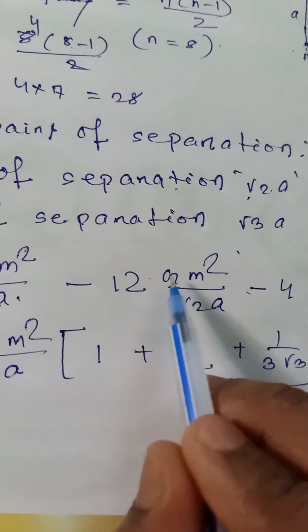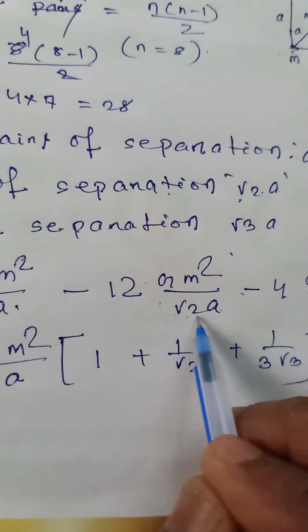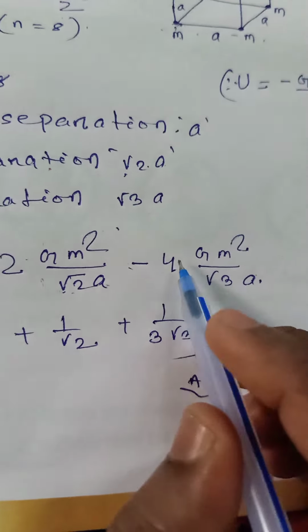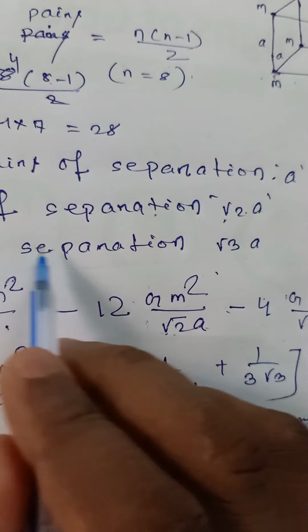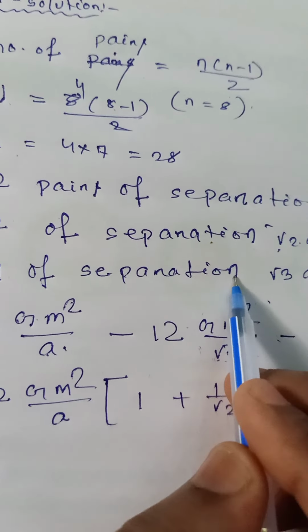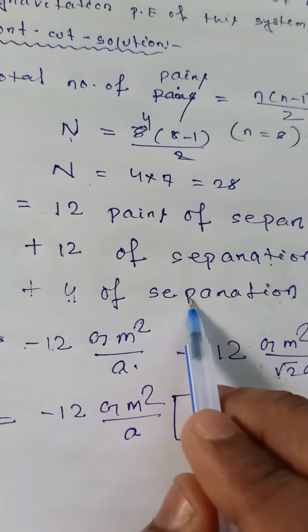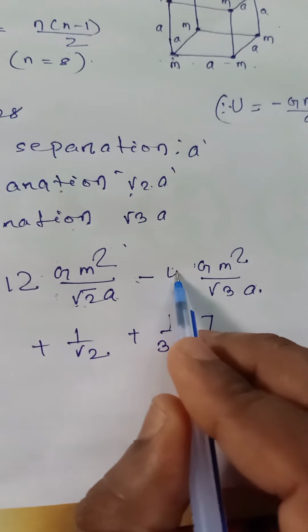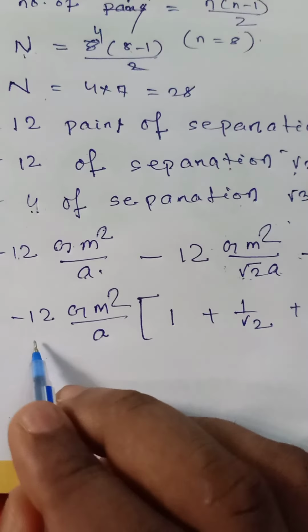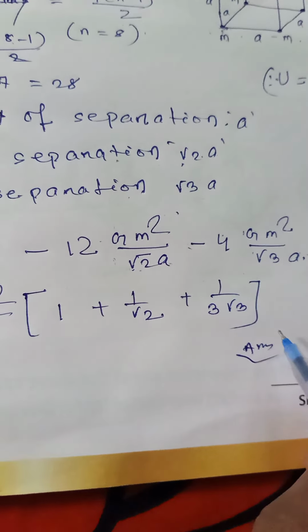For the face diagonals, minus 12 G m squared by root 2 a, where root 2 a is the separation. Similarly, 4 pairs of separation in three dimensions, minus 4 G m squared by root 3 a. Now taking 12 G m squared by a common, we get 1 plus 1 by root 2 plus this much.